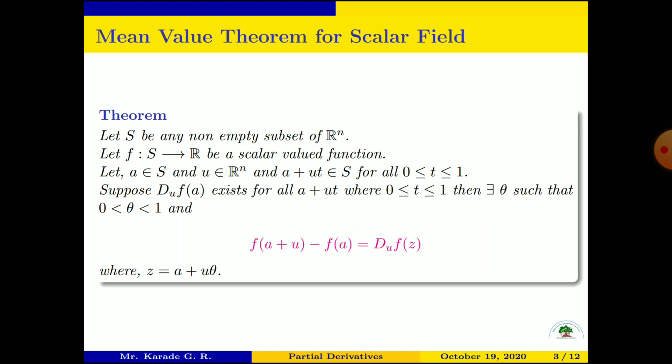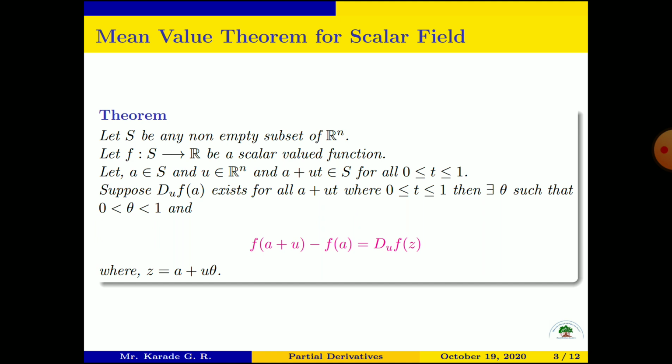Then we have to show that there exists a theta, greater than 0 and less than 1, such that f of a plus u minus f of a is nothing but the directional derivative of f at point z in the direction of u, where z is a plus u theta. So this is the statement of the mean value theorem for scalar fields.